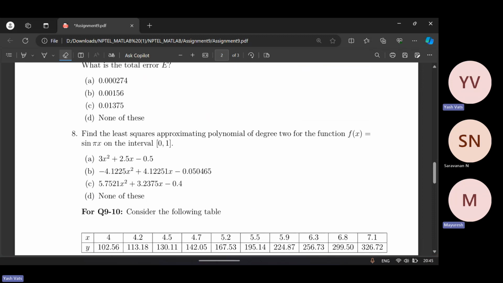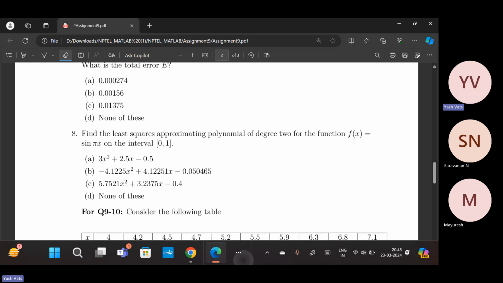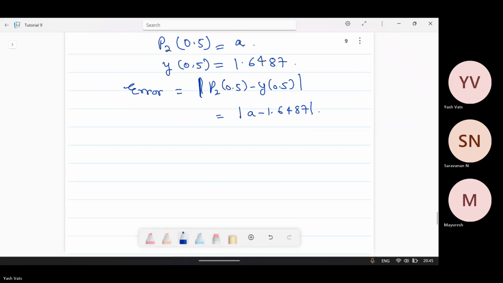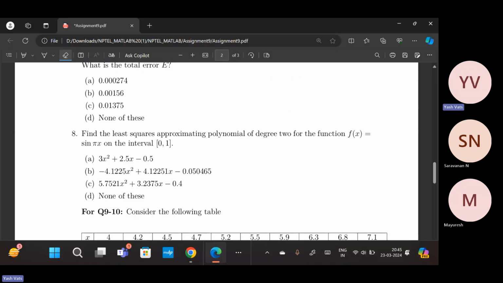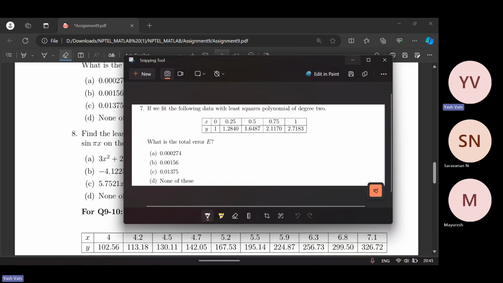Find the least squares approximating polynomial of degree 2 for the function on the interval. So we are given the interval. Let me paste this question. We can implement this method and you tell me the values.